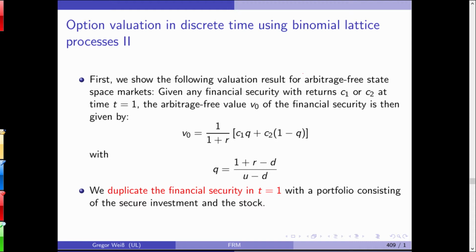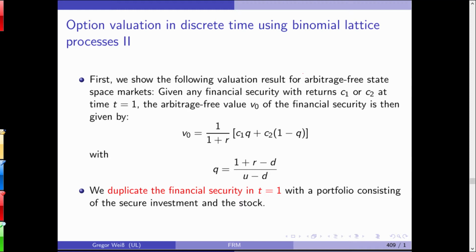Now first, in such a two-state space model, there's a very simple result for how arbitrage-free prices of securities should look. If you are interested in a derivation of this, have a look at my textbook. I do think there is a small section in which these arbitrage-free prices are derived.